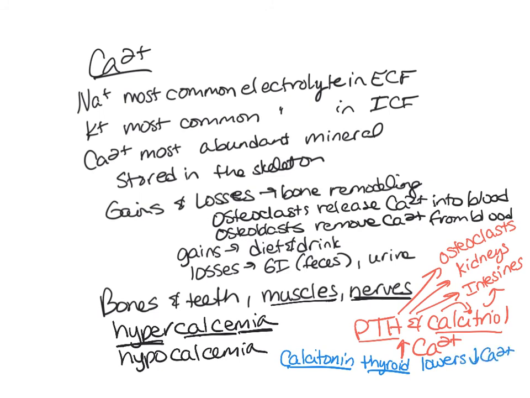It will do that by stimulating the osteoblasts so that there's a place for calcium to leave the blood and be packed into that new bone. It stimulates the kidneys to excrete calcium in the urine, and it also will decrease the amount of absorption in the intestines.